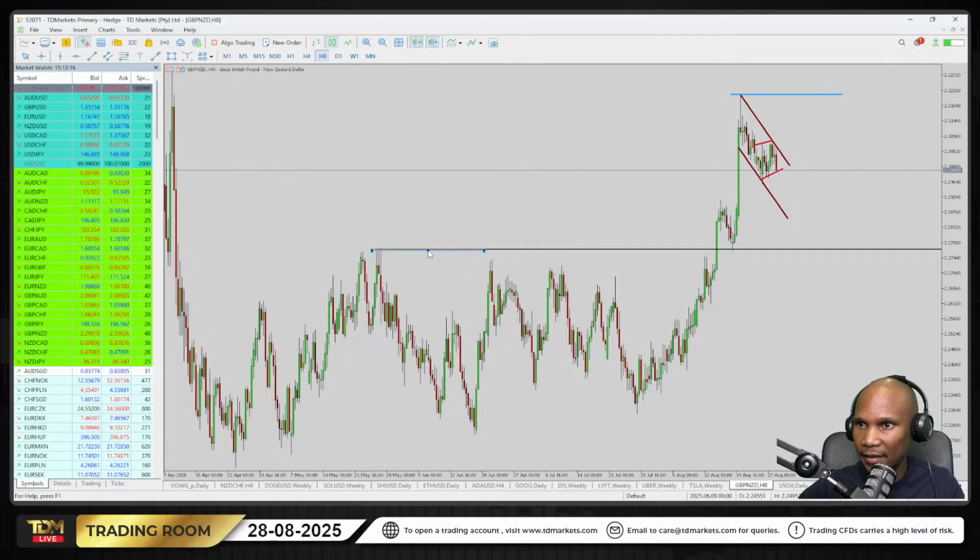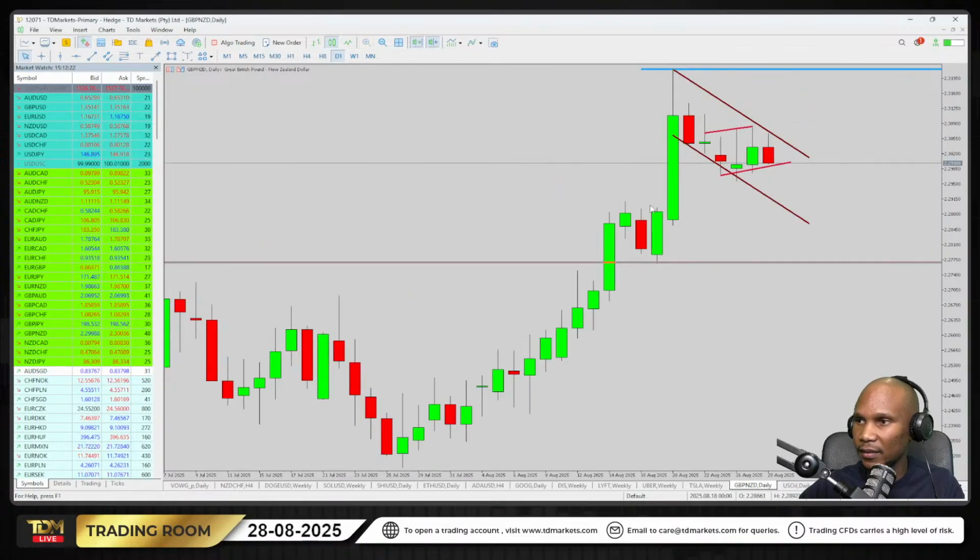Either go back to retest this zone here, or retest this one here, because there's a possibility that price will come back and test this structure again.